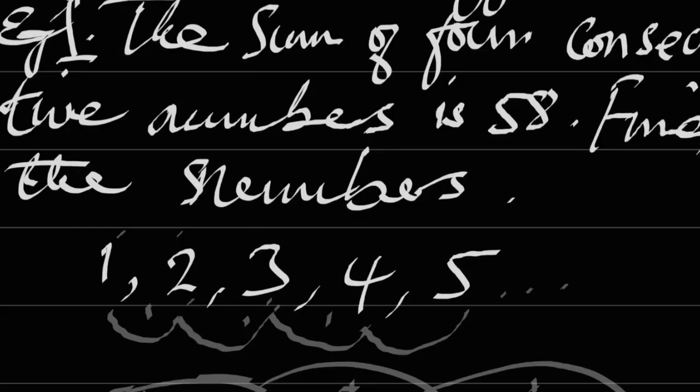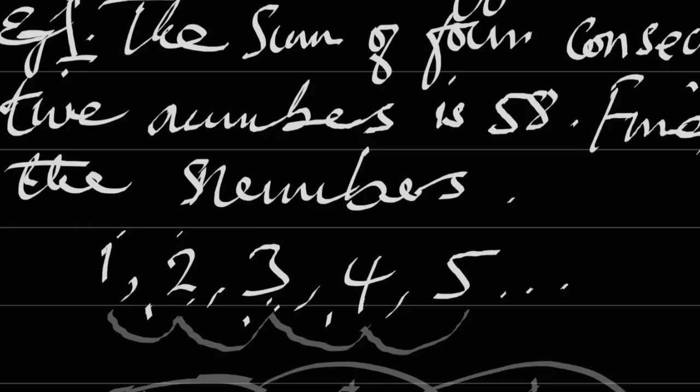These numbers are consecutively arranged. Why? Because the gap between them is the same. The gap between 1 and 2 is 1. The gap between 2 and 3 is 1. The gap between 3 and 4 is 1. That is to say, we kept adding 1, 1, 1, 1. So therefore, the numbers are consecutively arranged.